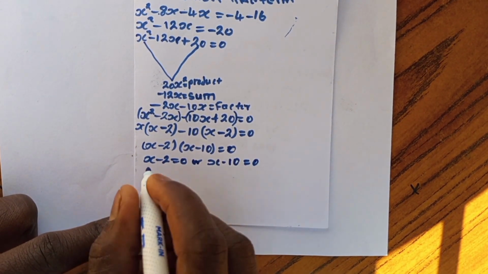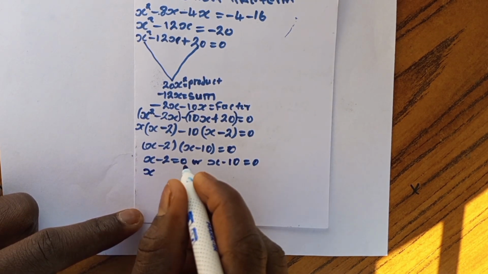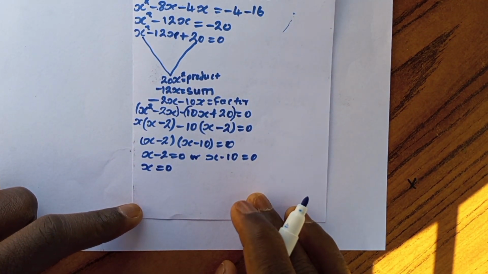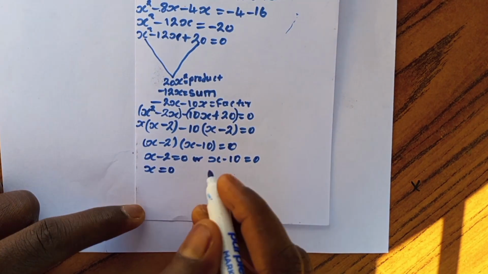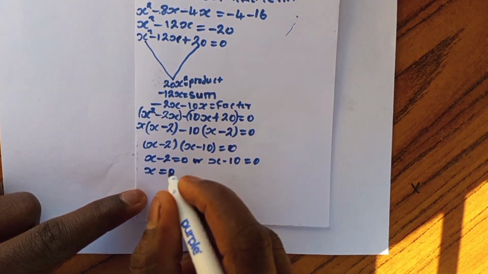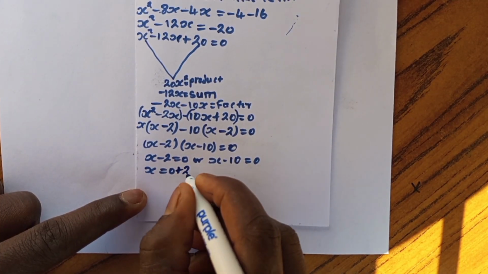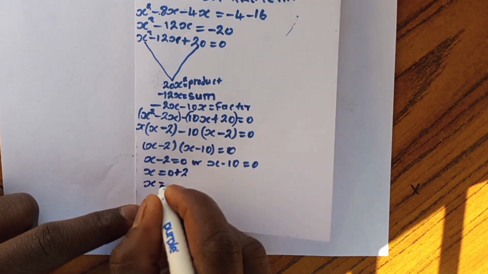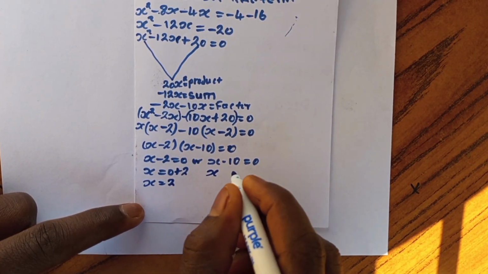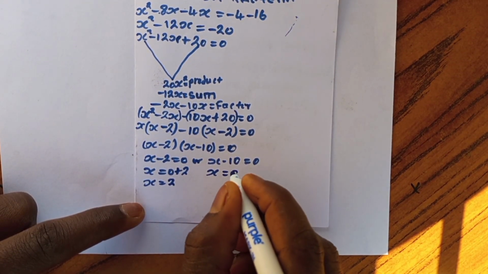So let us find the value for x. We take x equals to 0. Here is minus 2. Cos equals to sign, this has no change from minus 2 to plus 2. We see x equals to 0 plus 2 is what? 2. Now we see x equals to 0.